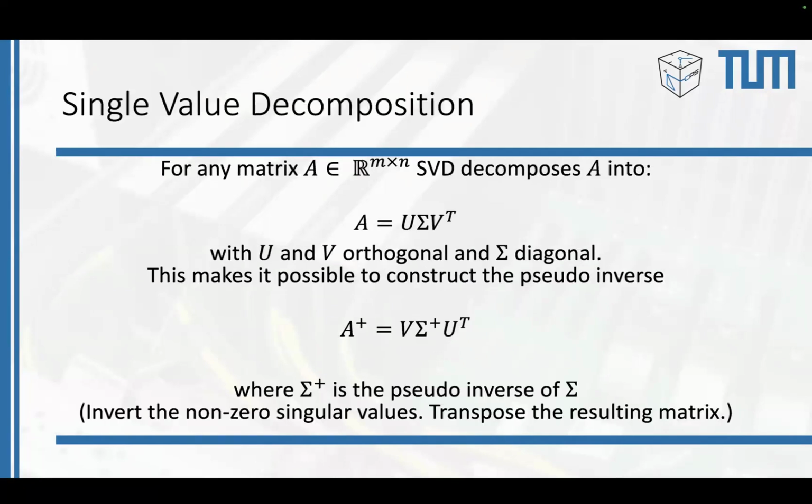One simple way to do this is remembering that every matrix can always be decomposed in the U sigma V transpose, which is singular value decomposition again, where U and V are orthogonal and sigma is diagonal. So it has only elements in the diagonal. Now this is valid for any M by N matrix. It doesn't have to be a square matrix. And in this case, sigma will not be an invertible matrix.